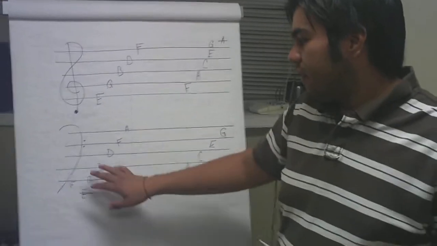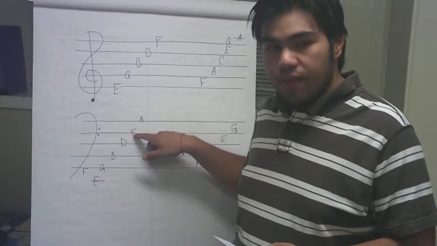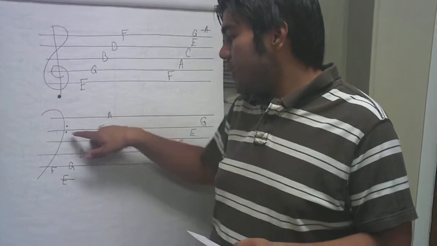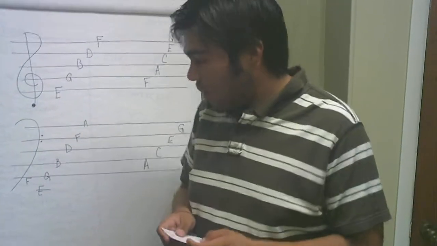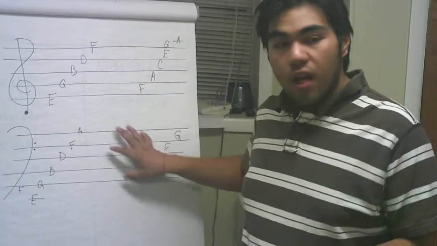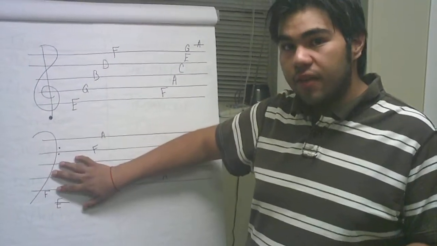The bass clef, whose notes are lower, is also called the F clef because the clef is written on the line for F. Now, the names of the lines and the spaces are different from the treble clef.